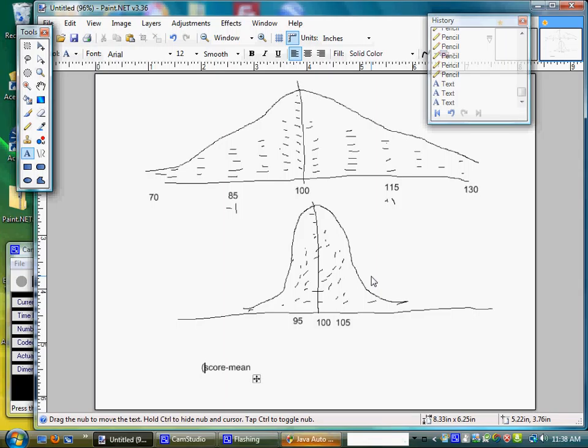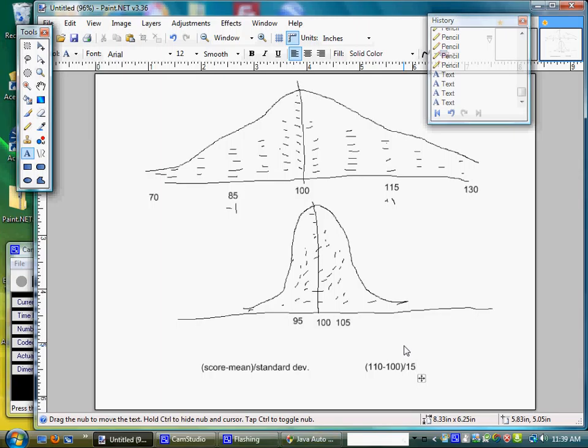All right, so for our first example, our score is 110, and the mean is 100. So 110 minus 100. And then we're going to divide that by 15 because that's our standard deviation, right? We defined that. So we have 10 divided by 15, and I didn't bring my calculator out here.